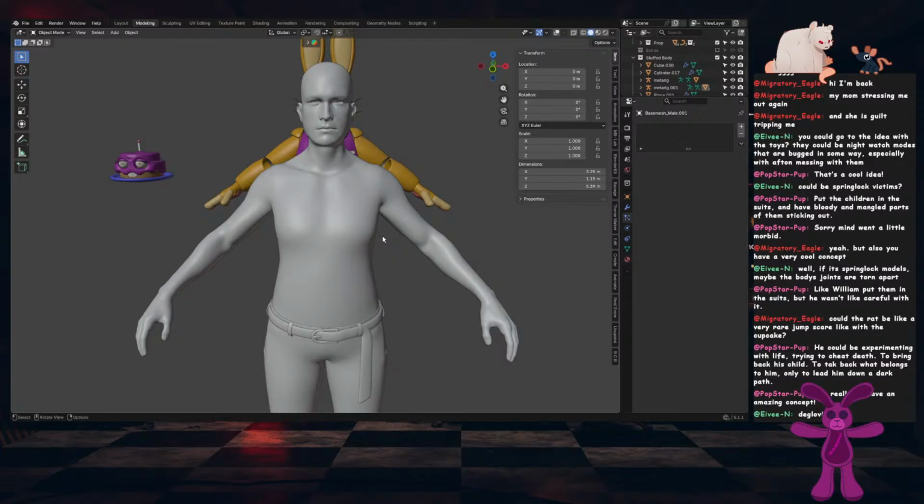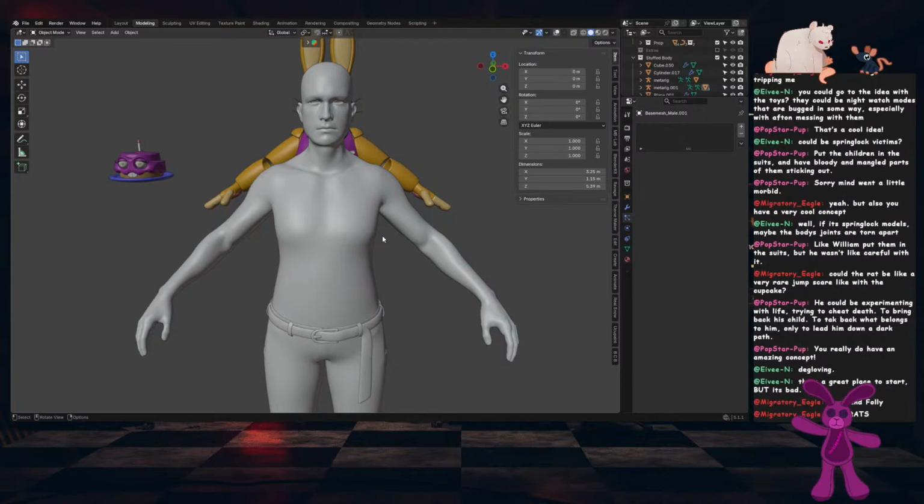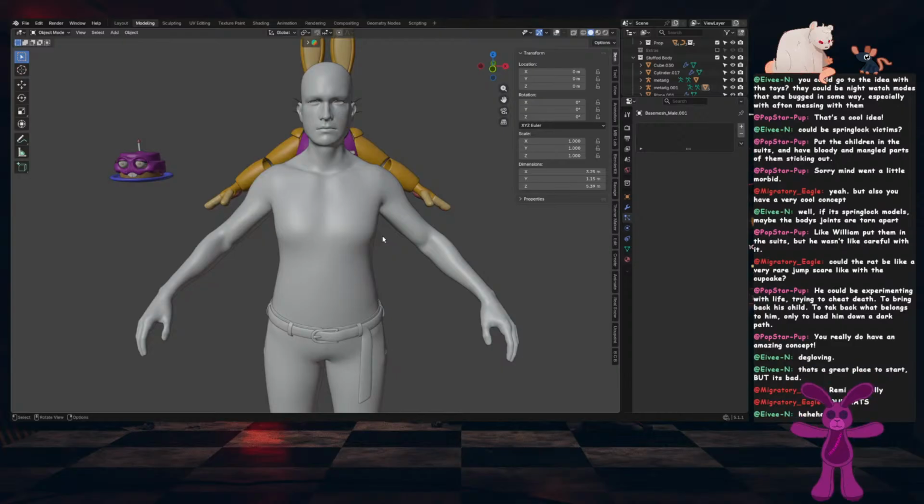Degloving. Ew. That's a great place to start, but it's bad. Remy and Folly are rats. I'd have to see, because that's going to be a pain to model. I'd probably throw a reference to them in there somewhere anyway.